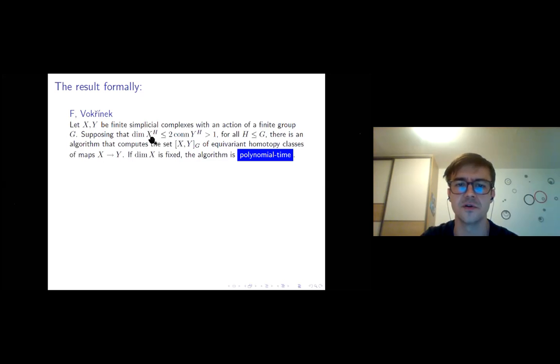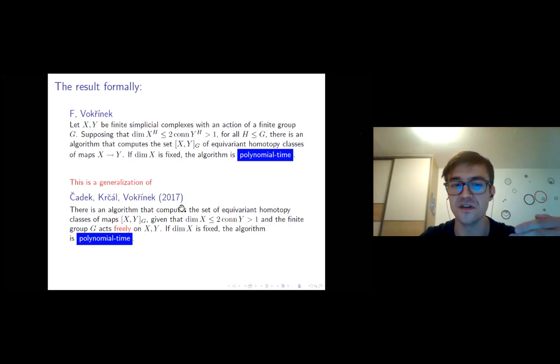So the dimension of fixed points of x has to be less than twice the connectivity of fixed points of y. The difference between what we had previously, what was used for the r equals 2 case, is that the action of G can be whatever, whereas previously, in the result by Zhechev and Vokrinek, where they did the polynomiality for the embedding problem, they had to have freeness. The action there had to be free.